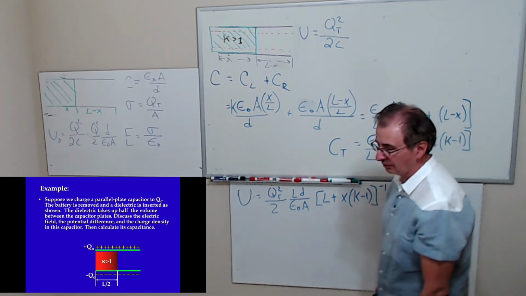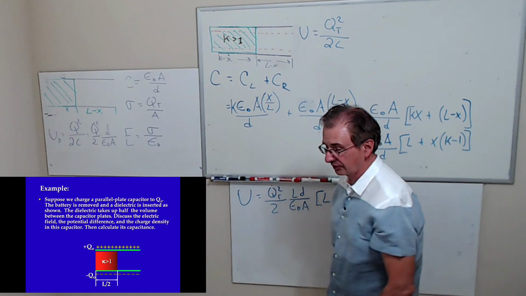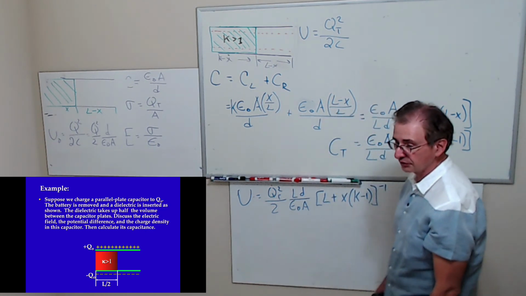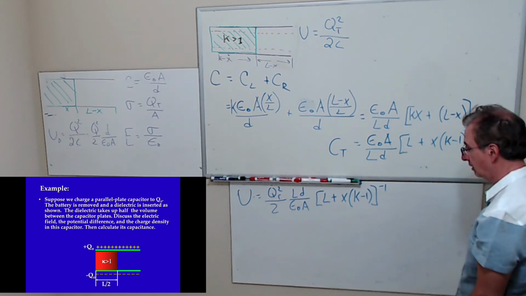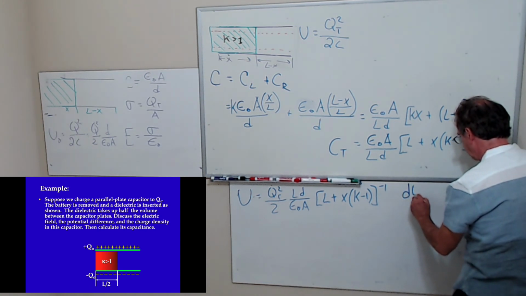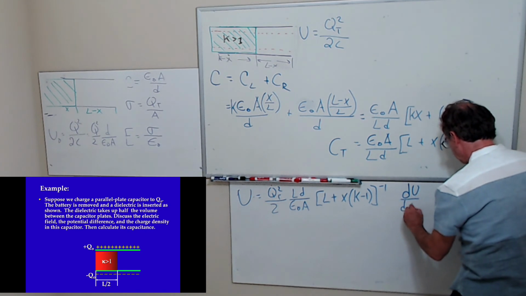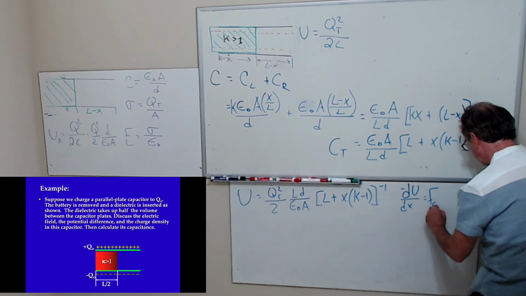I want to know, what is the force on that dielectric? What is the force due to the field? You know from physics 205 that minus dU over dx is the force due to the field.